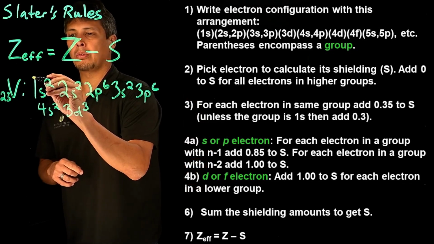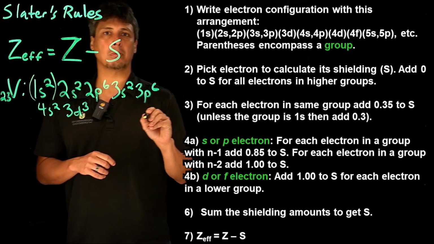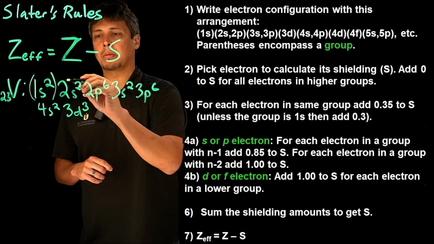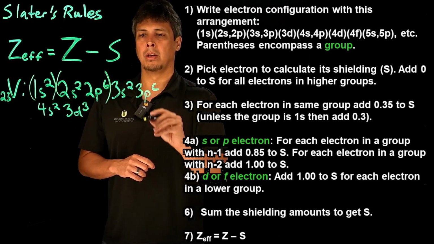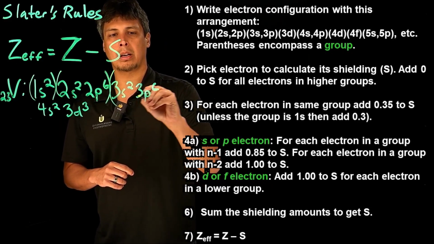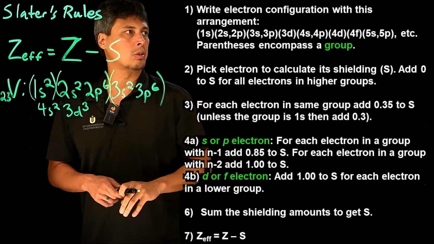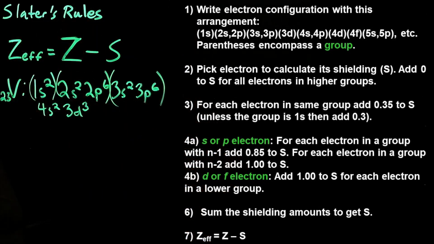So basically, we're going to group the 1s electrons with parentheses, and each parentheses indicates a group. We're then going to group together the 2s and the 2p electrons, like this. We're going to group together the 3s and the 3p electrons. And then we're going to group together the 3d electrons and the 4s electrons.